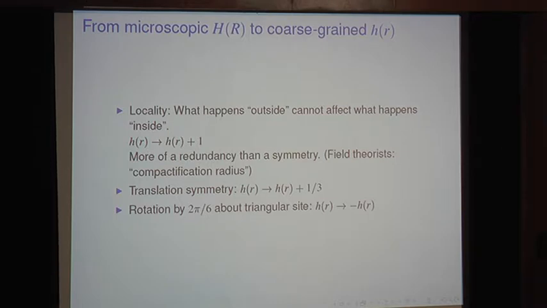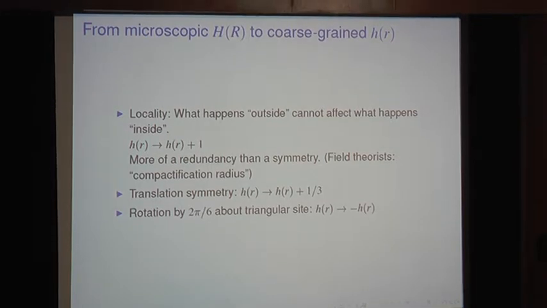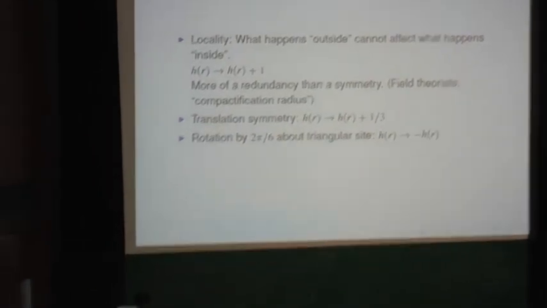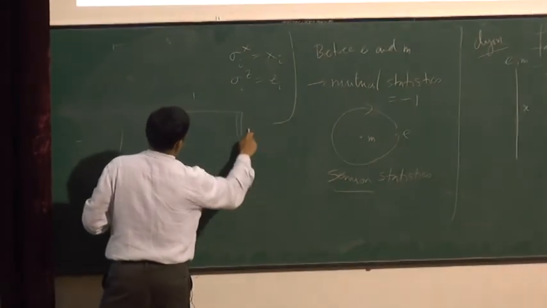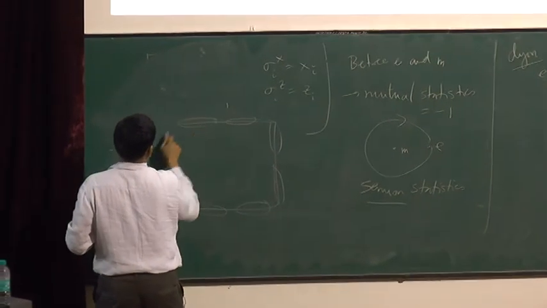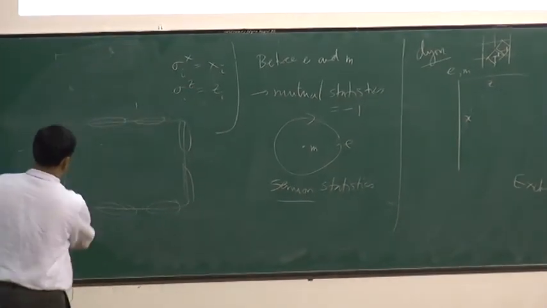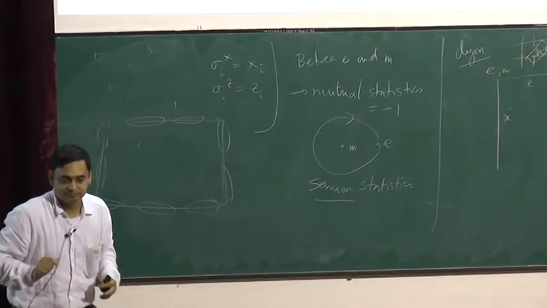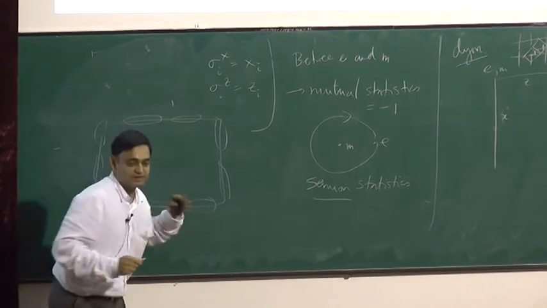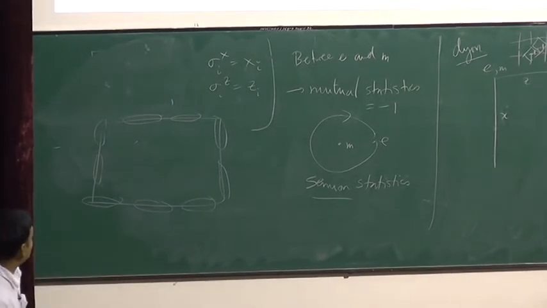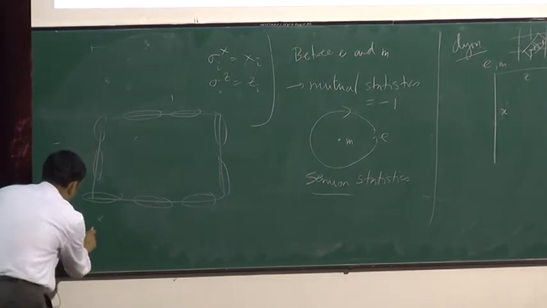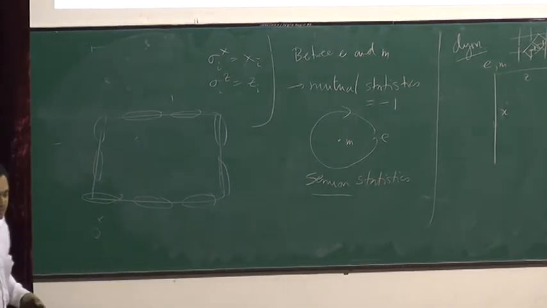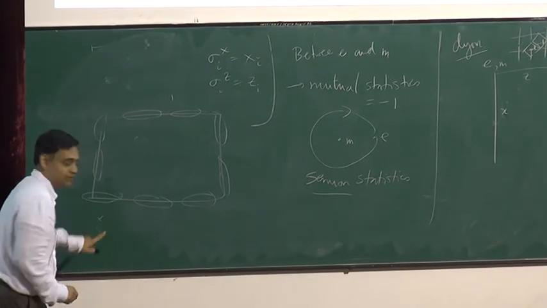So this is my box, and to be able to cleanly distinguish between what's happening inside and outside, I agree to tile my box with an alternating pattern of dimers like this, so that there's a perfect dimer cover of the boundary that disconnects the interior from the exterior, right? Now, and here is some point which is the origin of the heights, which is the origin of space and the origin of the heights. The height is 0 here, right?